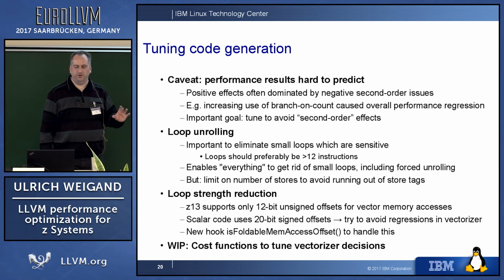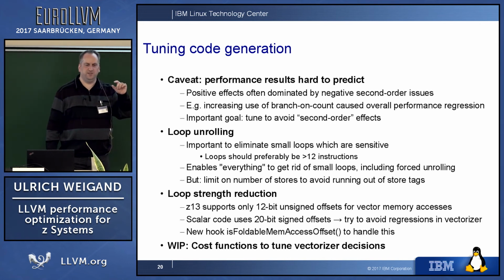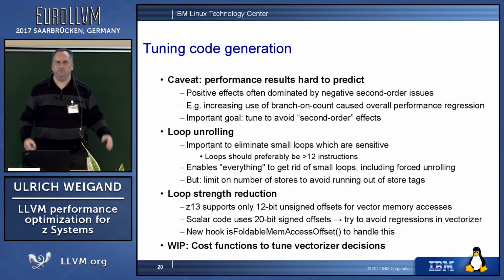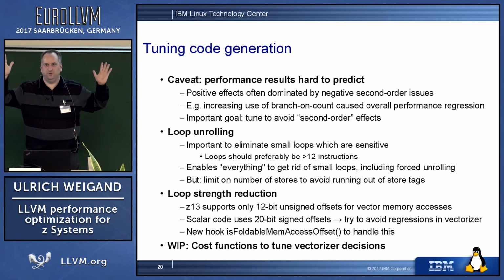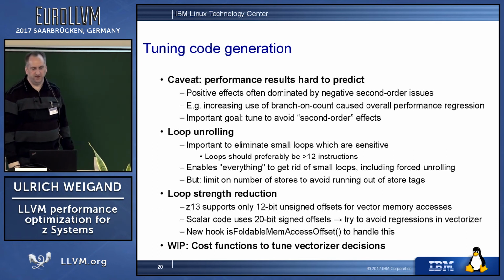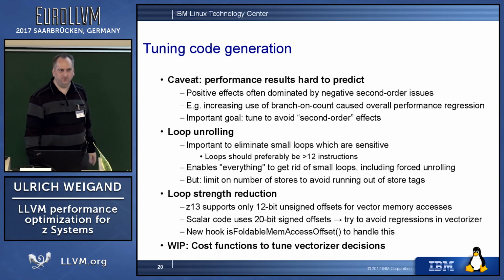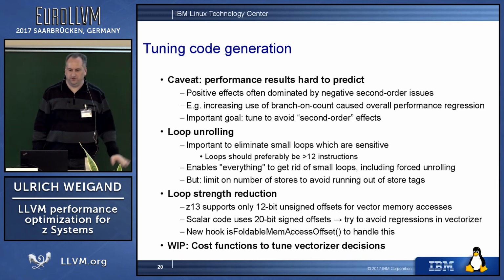So loop unrolling is very important because very short loops tend to behave erratically in some ways if the loop executes so fast that the branch predictor isn't fast enough to predict the backward branches all the time correctly. And then we get into hiccups. So sometimes we make code faster, and then loops get shorter, and then execution time explodes because we run into issues like that. So we spent a long time tuning that. Right now it's looking pretty good, but it took a while.